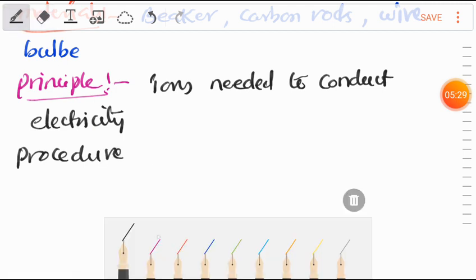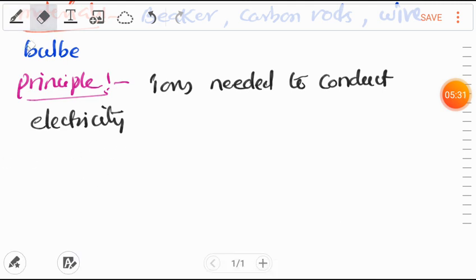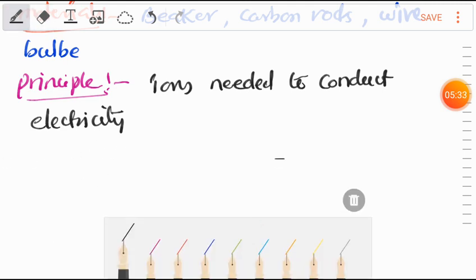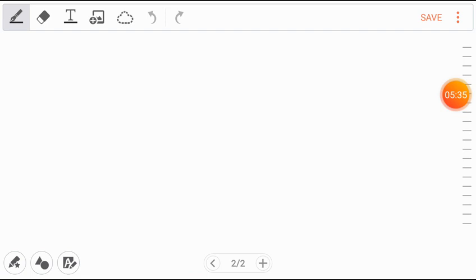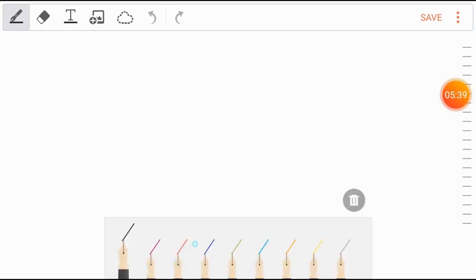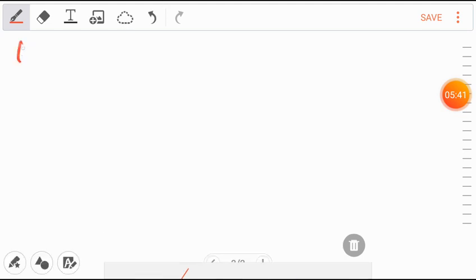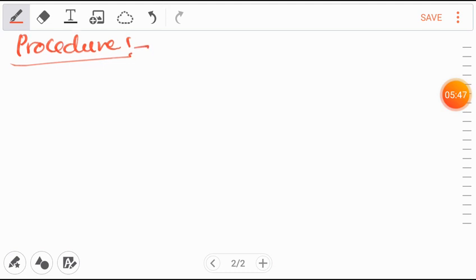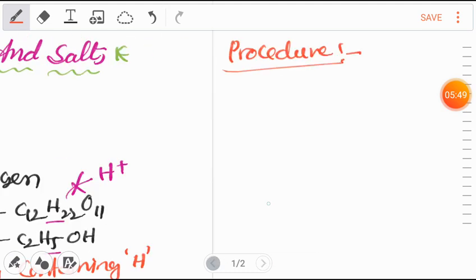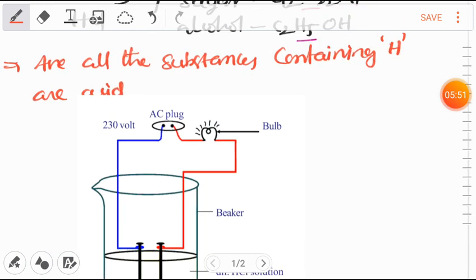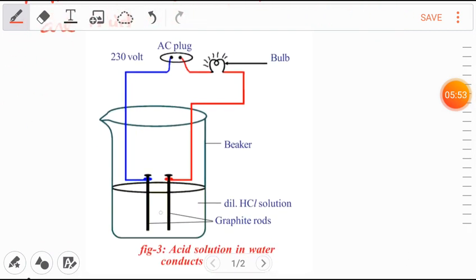Before explaining the procedure, I want to tell you what observations we are going to make.